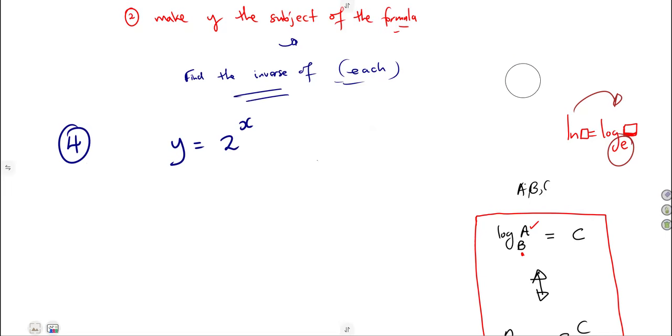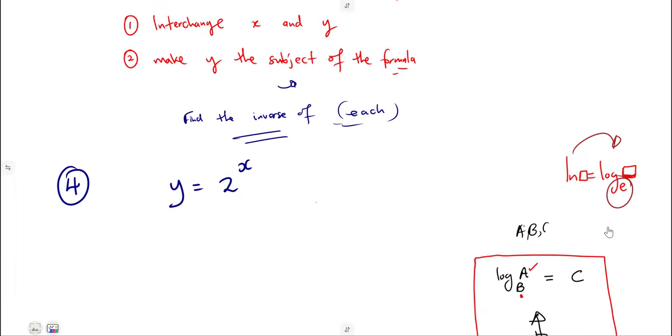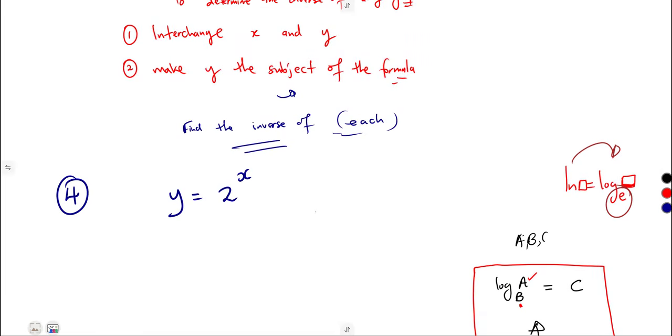All right, how do we simplify such? The first thing is to interchange x and y. First step, interchange x and y. So x is equal to 2 to the exponent of y. From there, make y the subject of the formula.